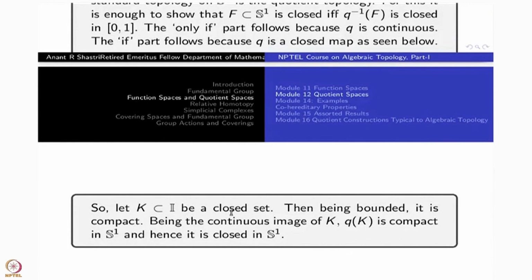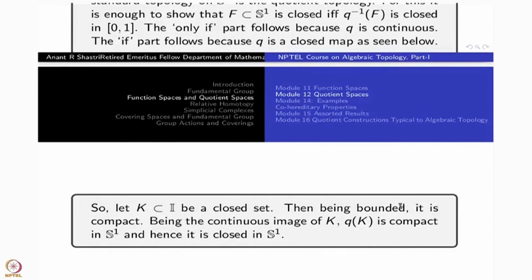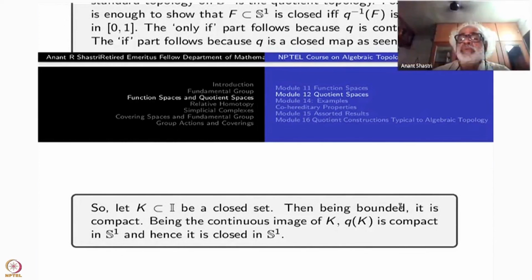A compact subset of a metric space S1, with the standard topology, must be a closed subset. So Q(K) is closed. So a closed set going to a closed set means the function Q is closed. And that is the end of this argument here. Okay. So we will study more of quotient spaces next time. Thank you.